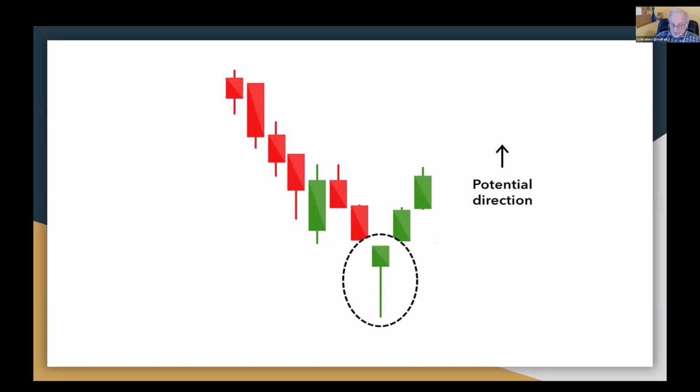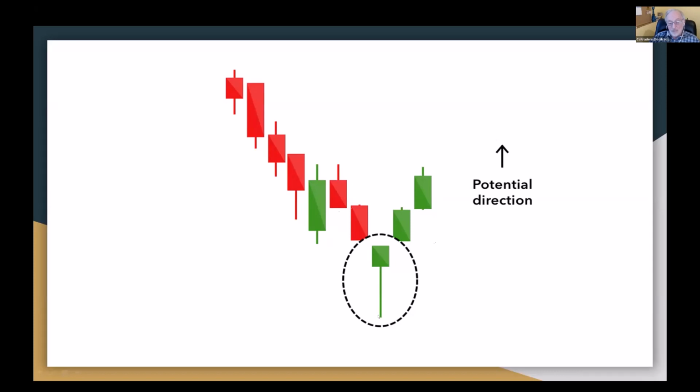We can call it also a pin bar, because there are different names, there are different stories about forex. I call it a pin bar, but also we can call it a hammer. So one small hammer is a candle with a very long wick below, small body, and bullish. When it's bullish, it means that it is a sign that all those sellers who were selling gave up here.